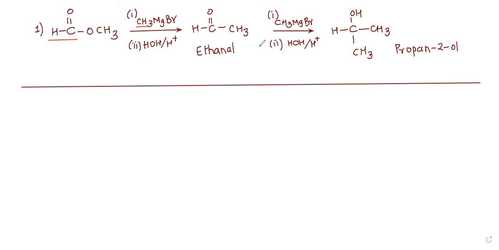Remember? That magnesium complex is broken down into product by the second step. So in all Grignard reactions, these two steps always happen. Understood this? Yes, sir.